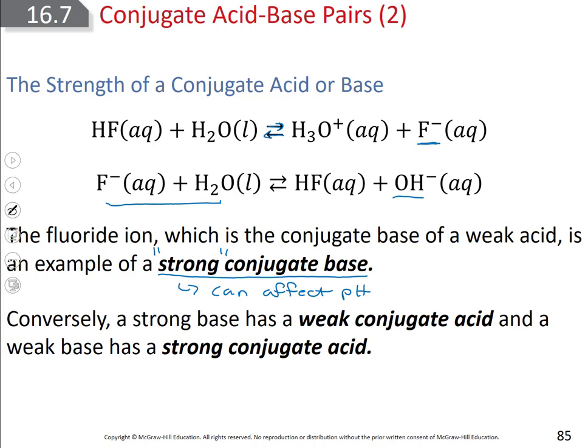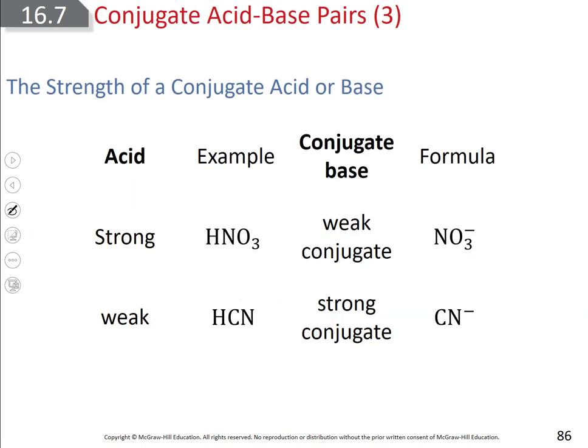Same rule, same pattern applies for bases. The conjugate of a strong base is a weak conjugate acid. The conjugate of a weak base is a strong conjugate acid. Same rules apply. And we're on page 747, and this is color-coded on page 747 to make it a little bit easier to follow.